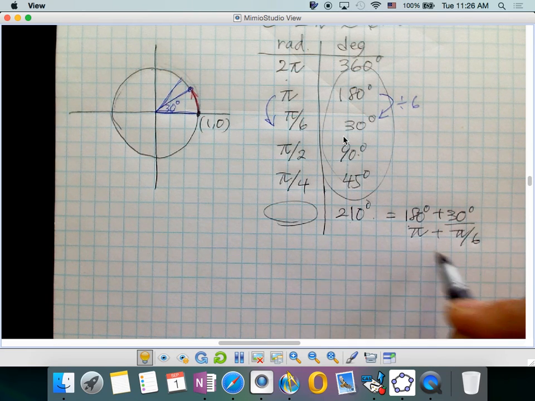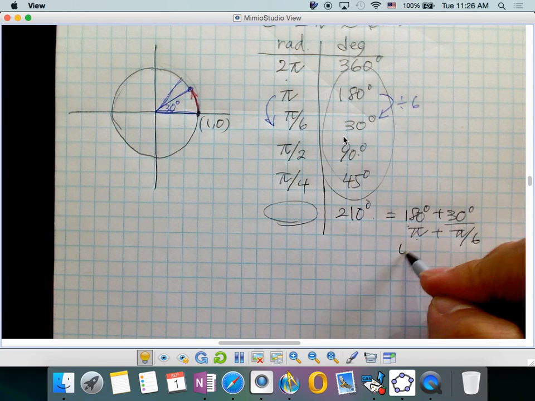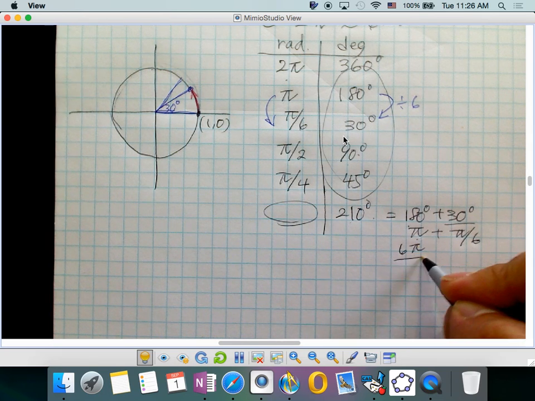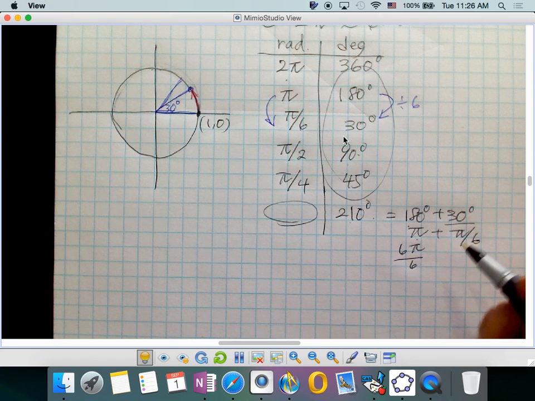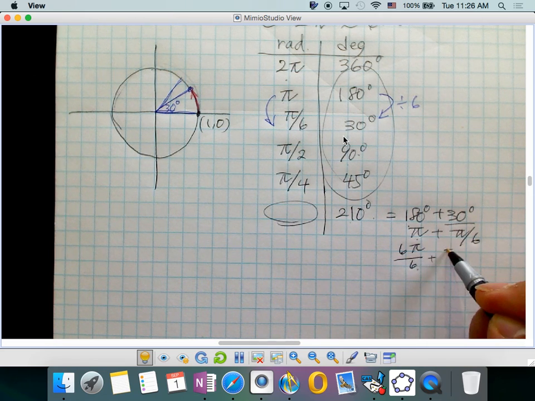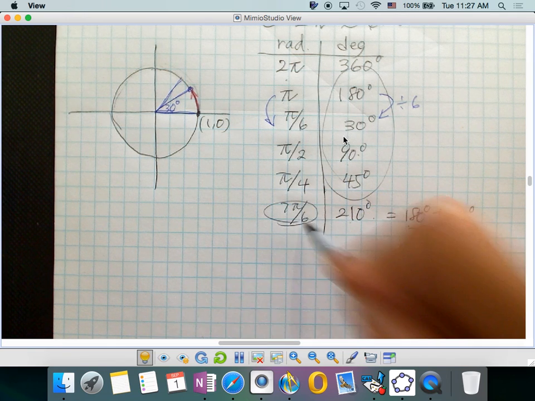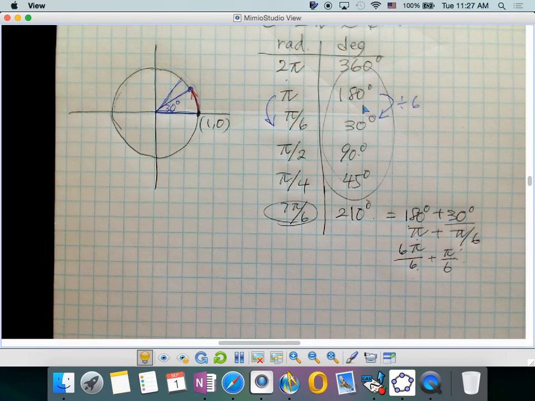We have to have the common denominator, so I'm going to change the pi into a different form, which is 6 pi over 6, which is 1 pi. So 6 divided by 6 is 1. Plus 1 pi over 6, so that should be 7 pi over 6. Just like that, we can keep going. Just like that, we can find any degrees and radians.